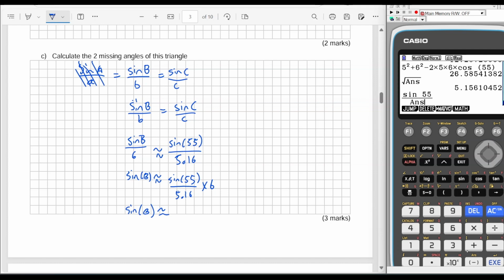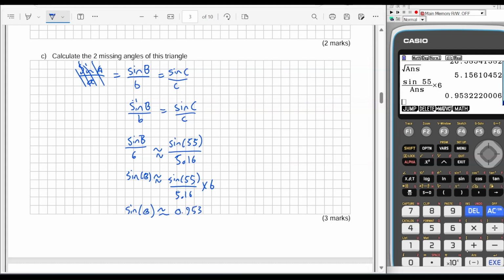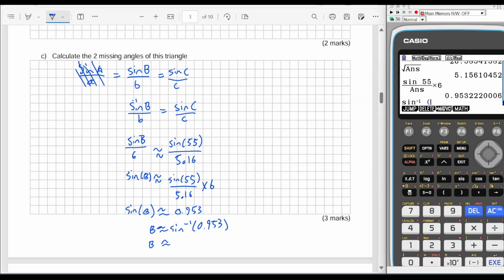So I'm just going to go shift answer on the bottom and then times 6. So we get 0.953. So B would have to be inverse sine of that, which roughly equals, so inverse sine of the answer, 72.4.